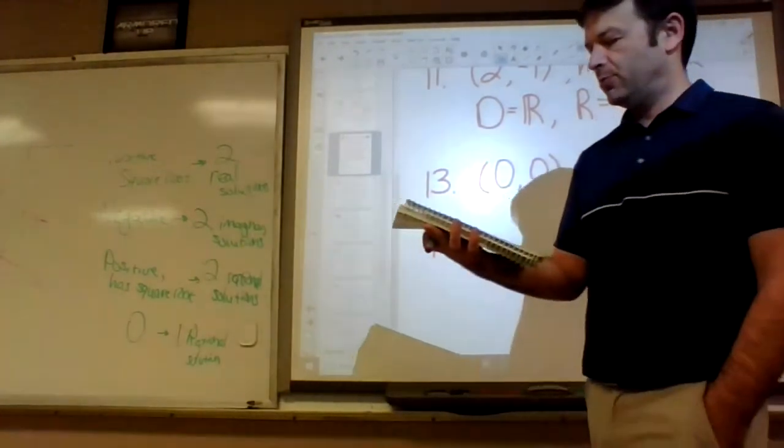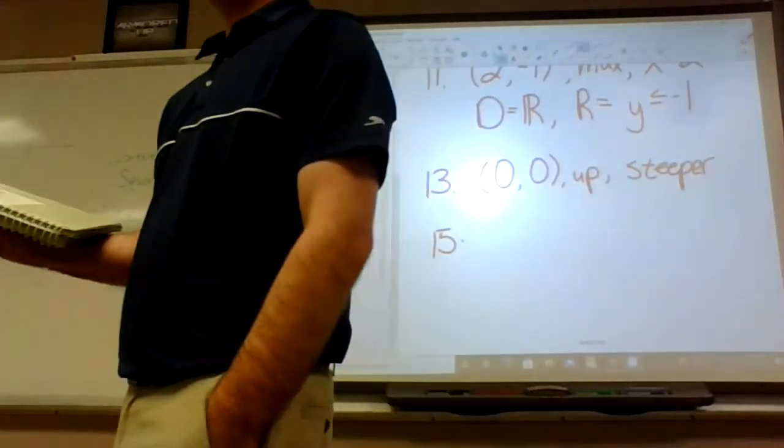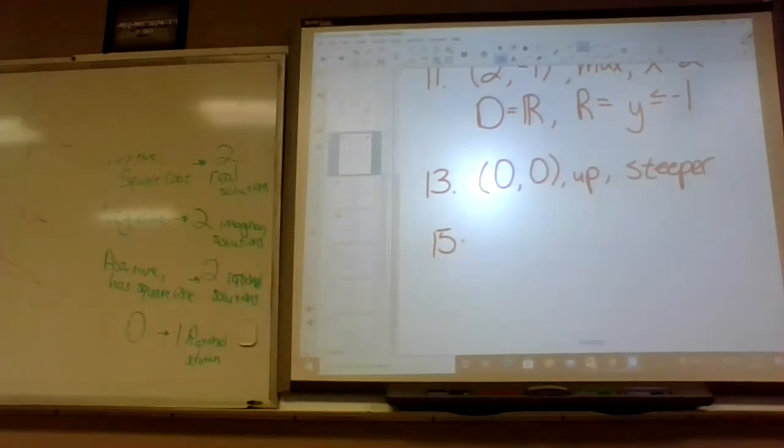On 15, what is the negative in front of the graph going to do to it? Makes it go down. What is the 0.4 in front of the x squared going to do? Make it go up or down, I guess in this case, slower so that it flattens out. What does the -2 on the graph do to it?